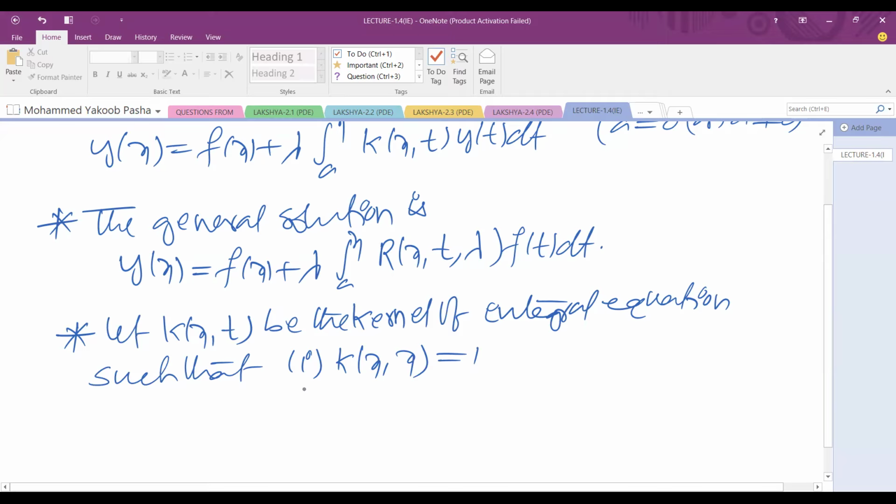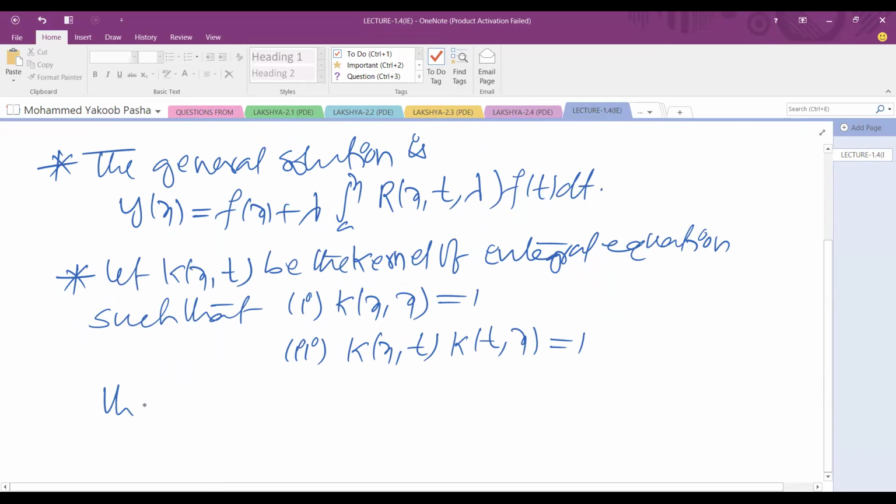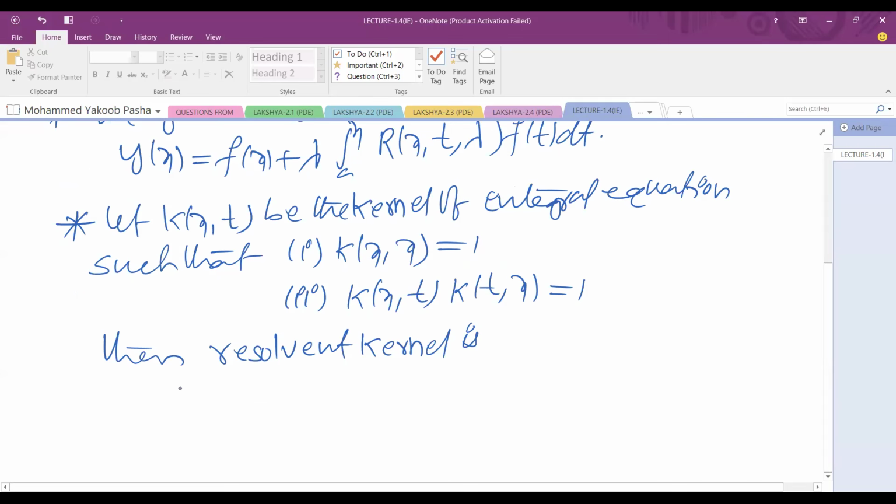The second condition: k of x comma t into k of t comma x is equal to 1. If these two conditions are satisfied, then the resolvent kernel r of x comma t comma lambda is simply k of x comma t into e to the power of lambda times x minus t.